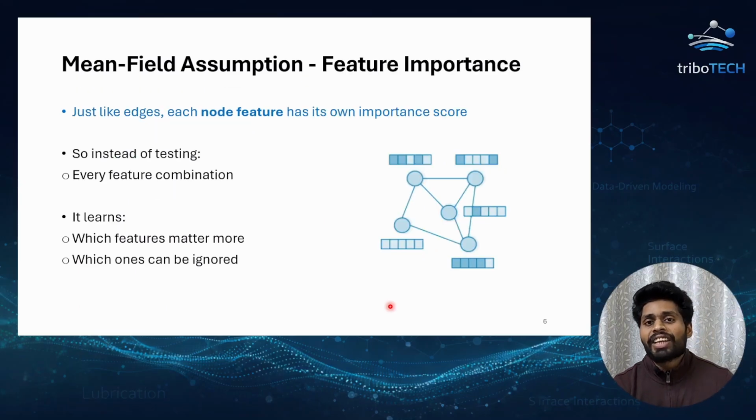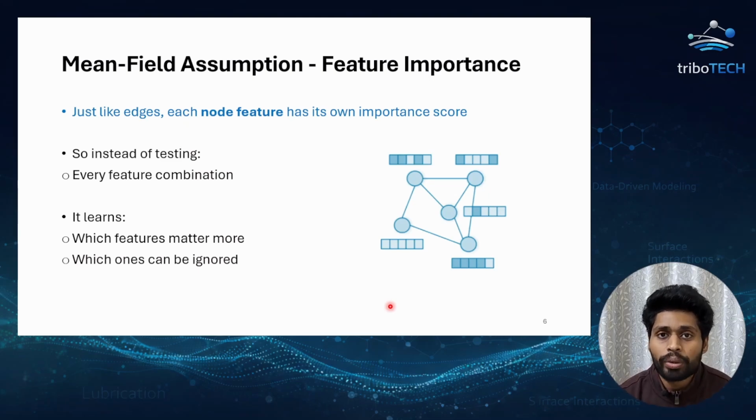Now, just like edges for identifying different important subgraphs, this mean field assumption is also valid for node features. Node features also can have their own importance score. So instead of testing every feature combination, we can learn which features matter more and which ones can be ignored.